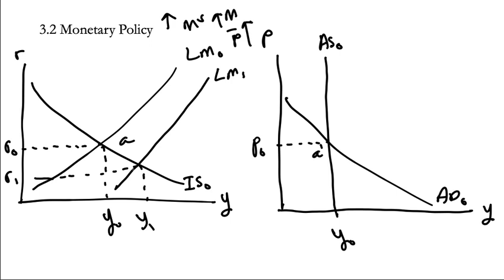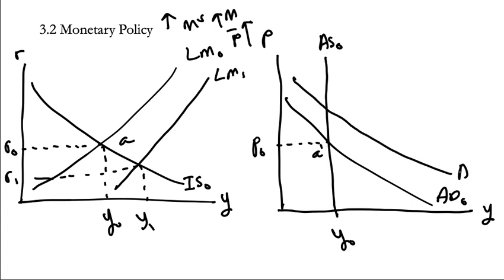When investment demand increases, that means AD shifts to the right. Why? Because investment demand is a direct component of AD. So we have movement along the IS curve. When the interest rate falls, investment demand increases, and that leads to an increase in output. But here in the AD, it is shifting to the right.